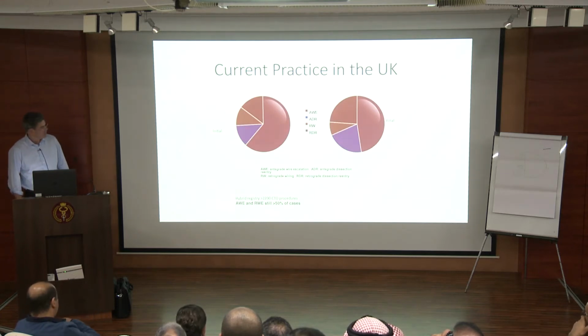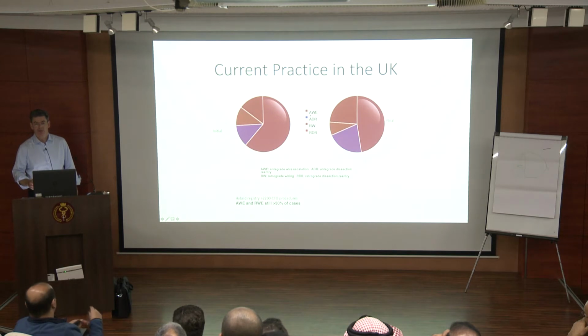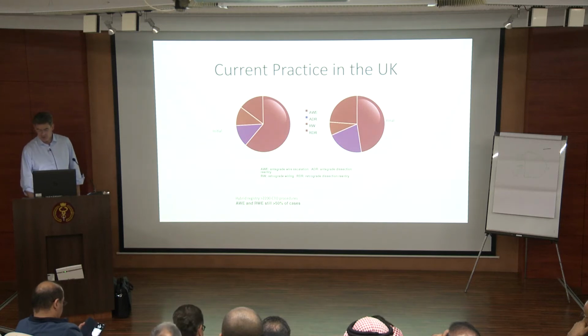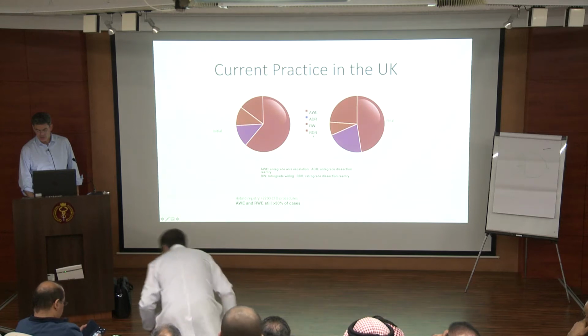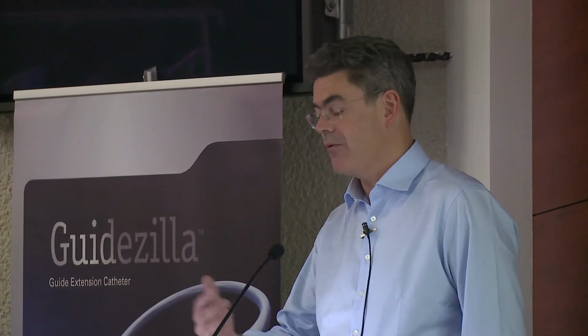Remember this diagram from yesterday, and the four different types of approach, and the way that we classify our CTO procedures: antegrade wire escalation, ADR, retrograde wire escalation, and retrograde dissection re-entry. We've seen examples of three of those so far with AWE, ADR, and RDR. We haven't seen a straightforward retrograde wire escalation.